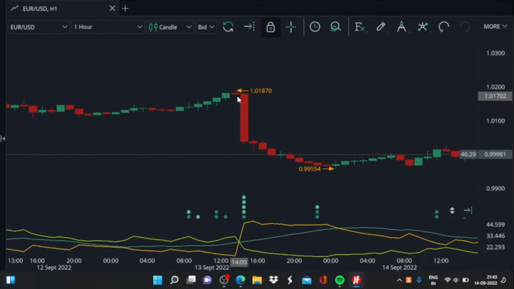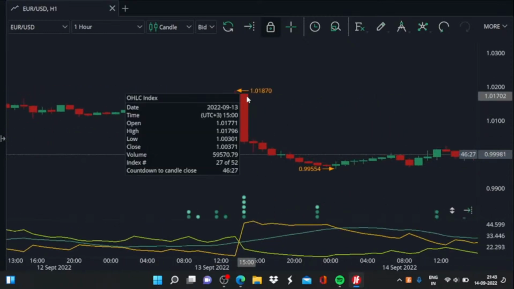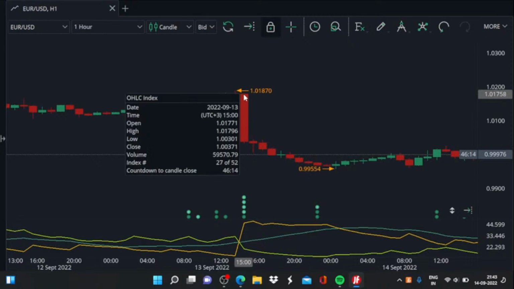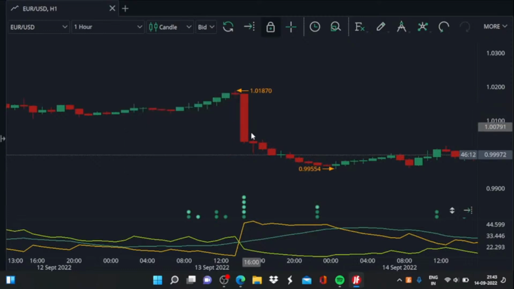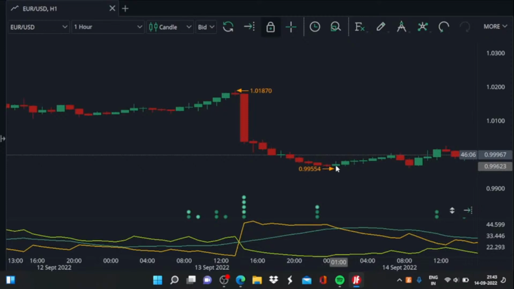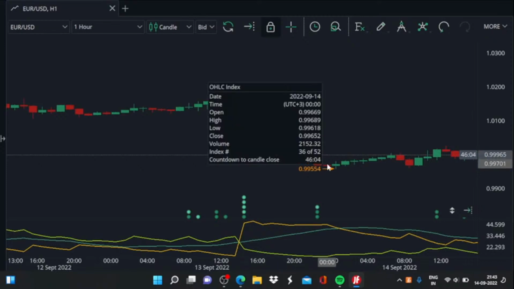We had this sharp move in the last session yesterday after the release of CPI data for the United States. After that, we saw the negative directional index sharply moving on the higher side as we had this sharp move for Euro USD on the lower side of almost 150 pips, and then the decline continued for the next couple of hours also.